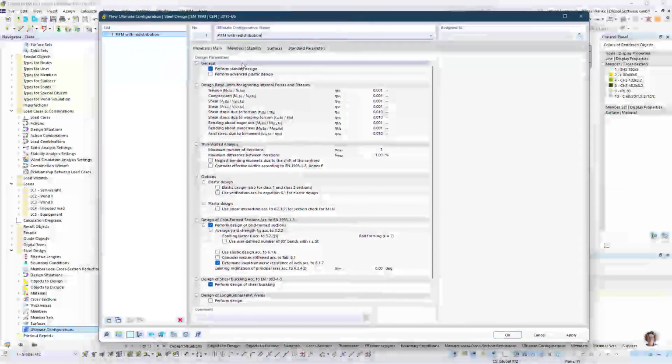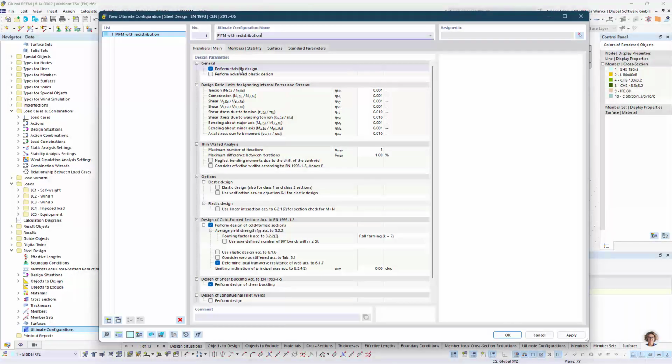Before that, I want to do a small explanation for the topic stability. If you do the PIFM, you still have to do stability design checks. So it's still necessary to check for stability.